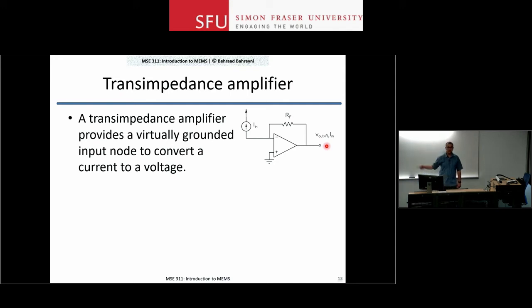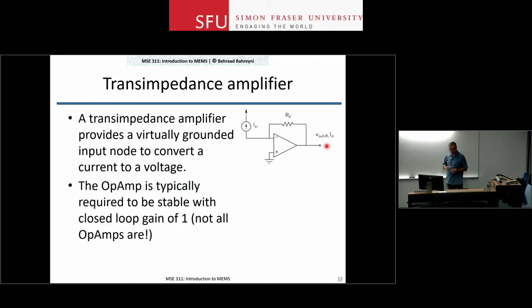You do not get the current back. You cannot loop that current back into somewhere else. So your sensor is producing a current, the current comes into your amplifier and you consume all of it. None of it goes back to wherever your circuit was. So this is the only footnote that you should keep in mind. If the current has to be looping somewhere else for whatever reason, you cannot use a transimpedance amplifier.